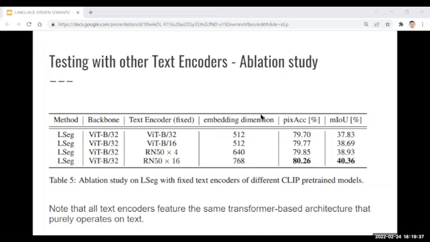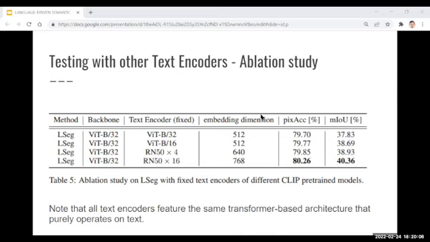The main difference is the image encoder that was paired when the CLIP pre-training was done, right? For example, if you see this table, there is a ViT-B16 text encoder being used. This essentially indicates that during the CLIP pre-training, this particular text encoder was used in conjunction with the ViT-B16 image encoder.